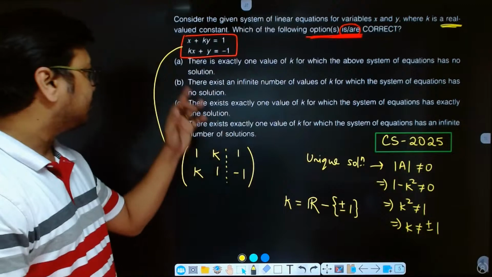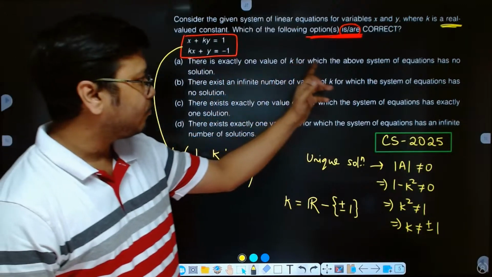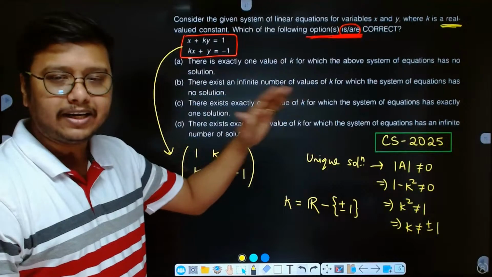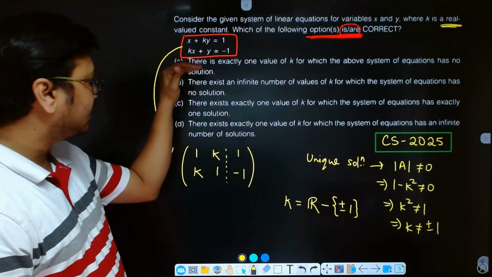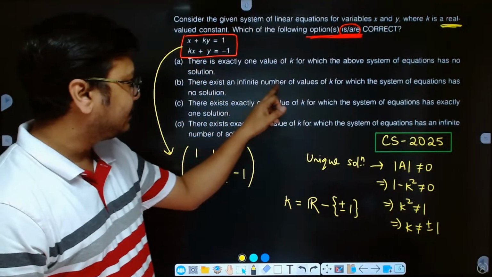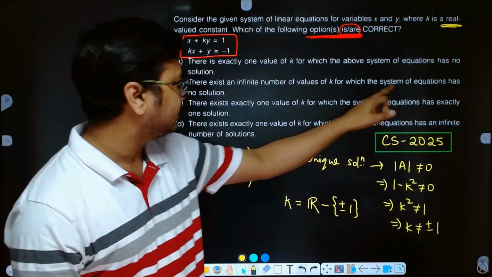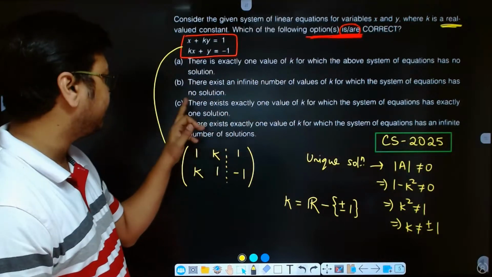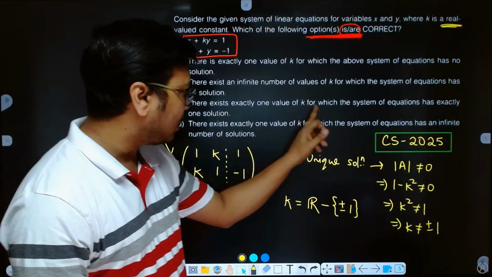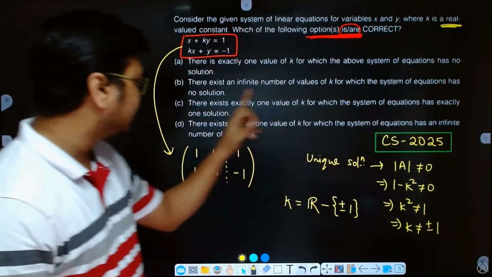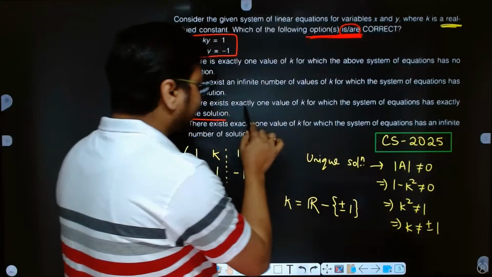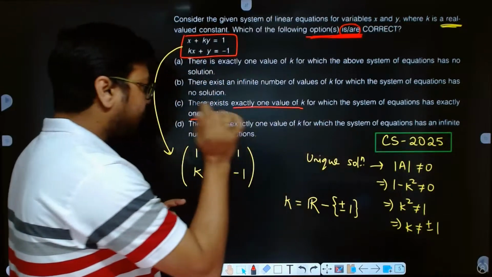Now the first option is saying there is exactly one value of k for which the system of equations has no solution. We haven't yet created the criteria for no solution. We'll come to this later. There exists an infinite number of values of k for which the system has no solution. Again, we don't know anything about no solution yet. There exists exactly one value of k for which the system has exactly one solution.